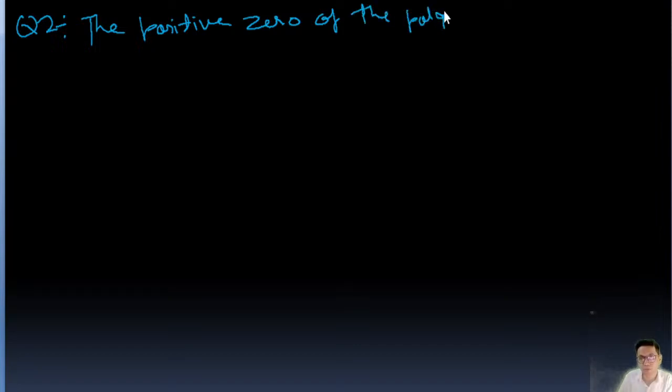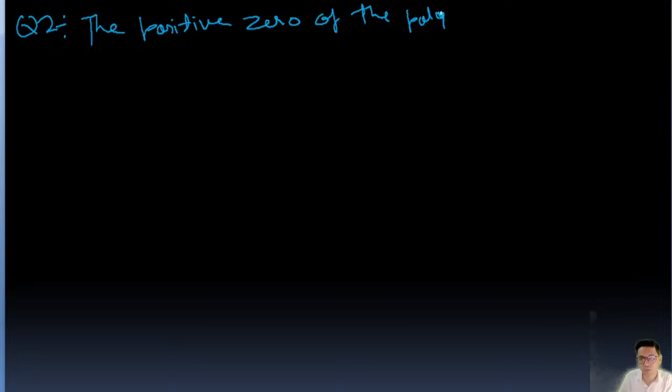The positive zero of the polynomial, means roots of the polynomial.